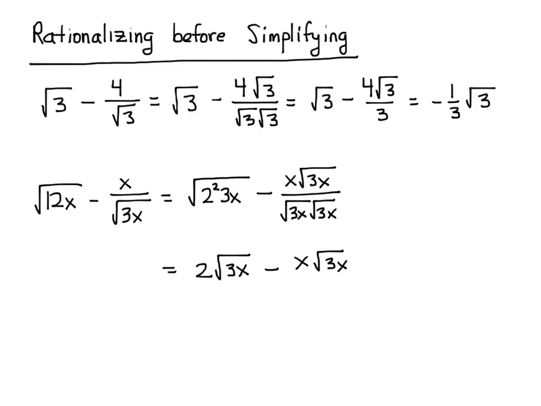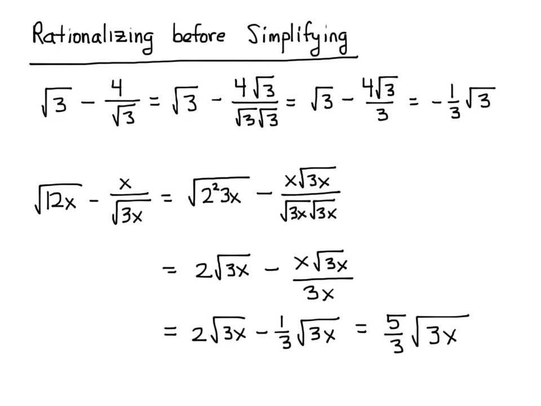And so what I end up with is 2 times the square root of 3x, and on the second term I have x times square root of 3x over 3x, and now the x's can cancel, and so what I get is essentially 1/3, so I have 2 minus 1/3. Well, 2 is actually 6/3, so 6/3 minus 1/3 is 5/3, and so then we're done there.